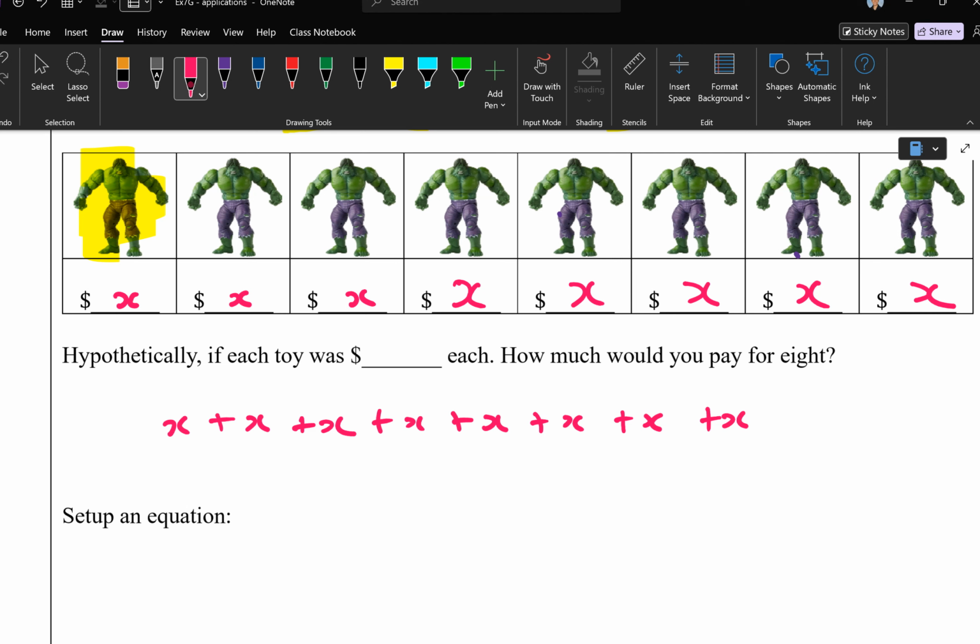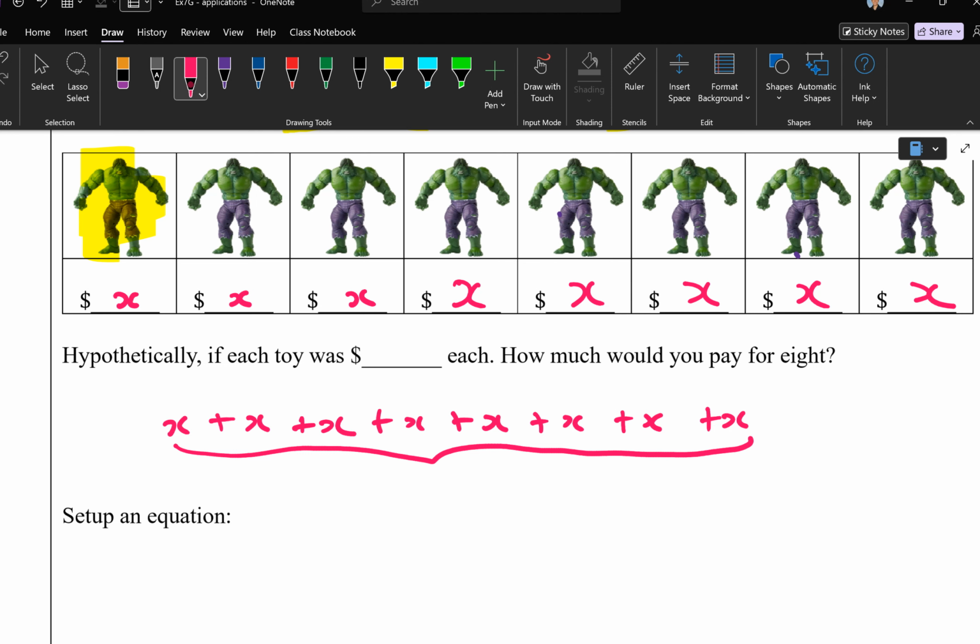Because if it was $2 each, you would have said 2 plus 2 plus 2 plus 2 plus 2. Or the easier way is, what's another way of writing X plus X plus X plus X 8 times? What's a shorter way? Yes, 8x, because you got 8 of them. If I told you it was $2 each, you wouldn't sit there and go 2 plus 2 plus 2 plus 2 plus 2. You would actually just do 2 times 8.